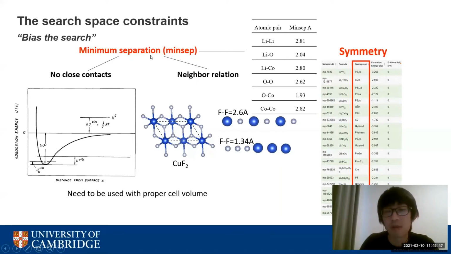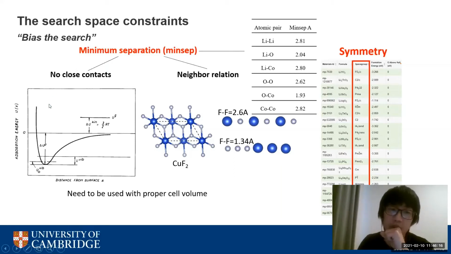The minimum separation is not really a single value; it's a list of distances between atoms. For example, for lithium cobalt oxide, we set the minimum distance between lithium and lithium to be 2.81, lithium oxygen to be 2.04. So we have lists. So what this minimum separation, or MinSep, does is that it can avoid two situations.